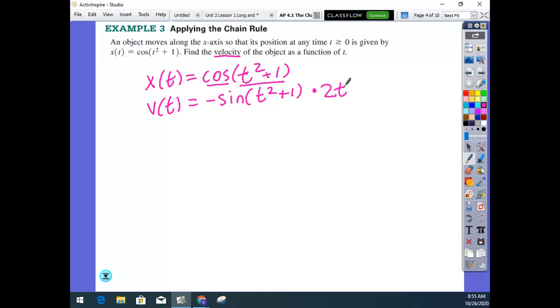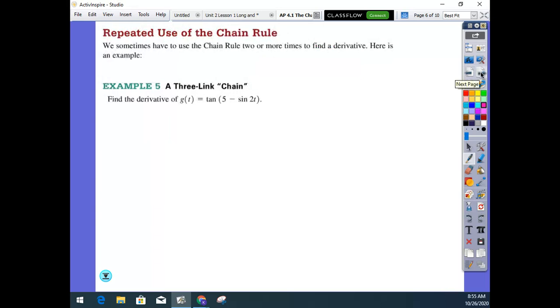So that's how I would do that one. Okay, so here is a 3-link chain. I always think of it as power, trig, inside. Power, trig, inside.